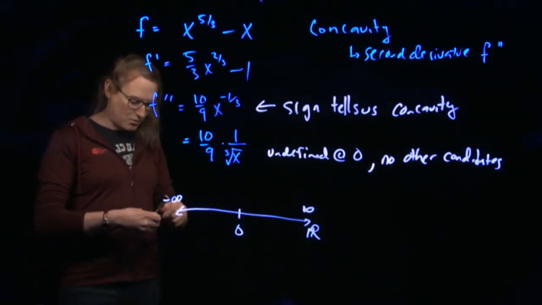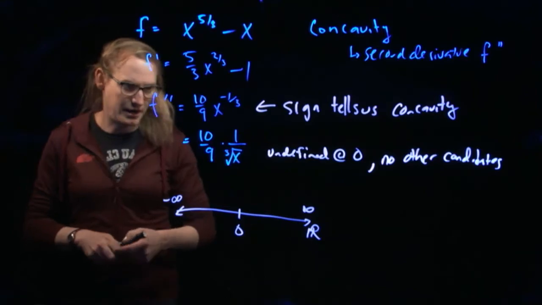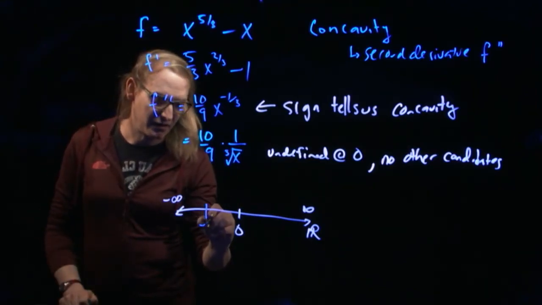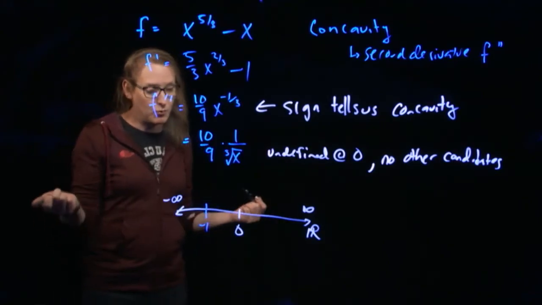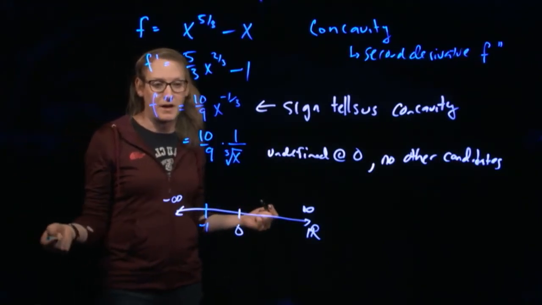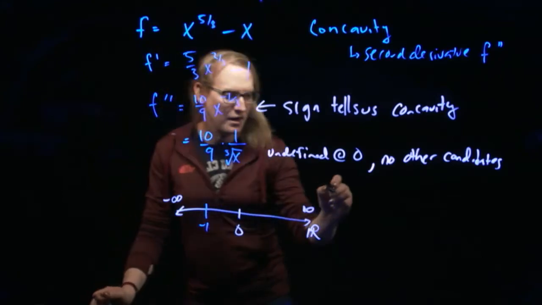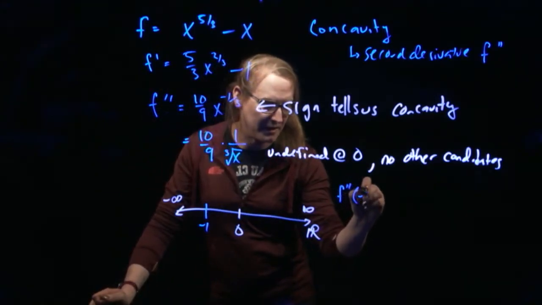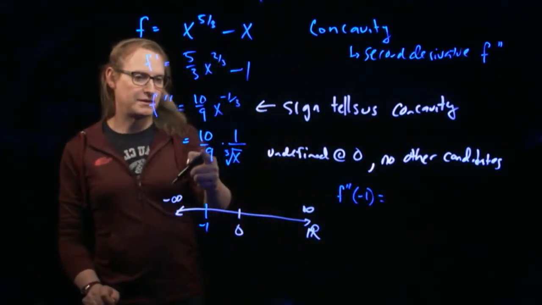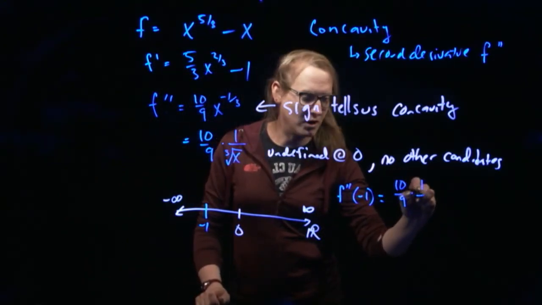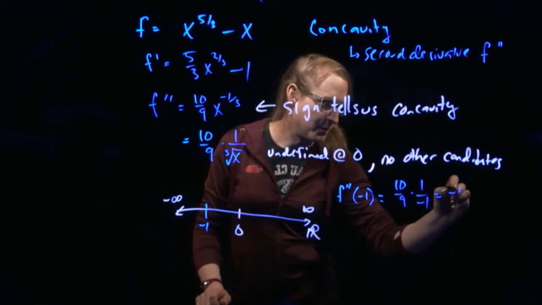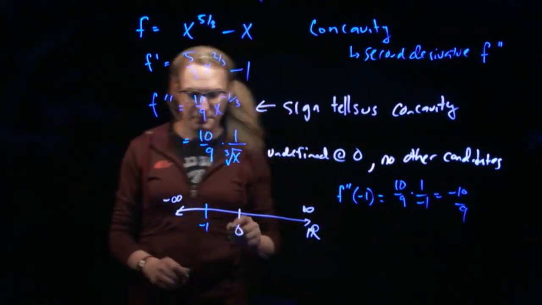So I vote that we try, say, -1, and feed that into this expression and see what the f double prime value is. So if we feed f double prime at -1, we're going to get 10 over 9 times 1 over -1, which is minus 10 over 9.